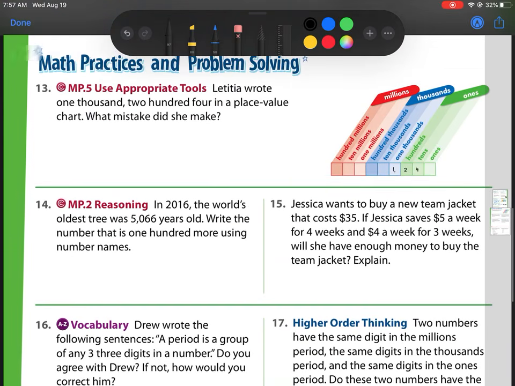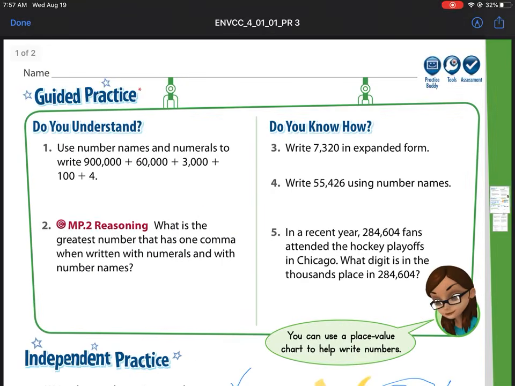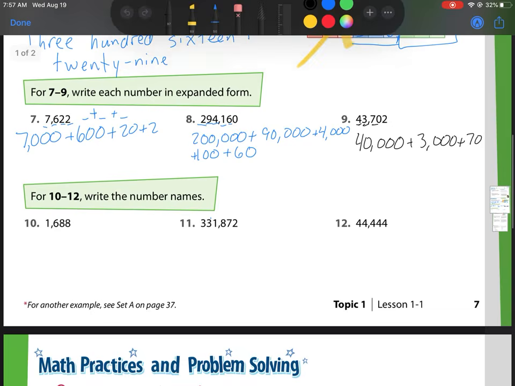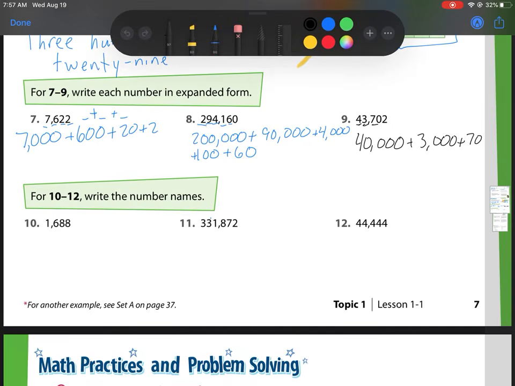Oops. And jump to my next page. Let me get it back for us, guys. Plus 700, plus, and again, since there's nothing here, I don't have to use that place value since 0 means nothing, so plus 2. Okay, this next one says write the number names, so that means I'm writing it out.